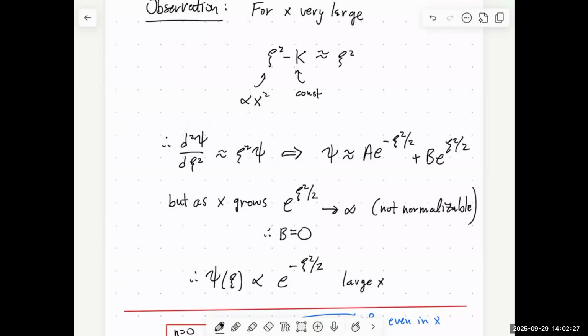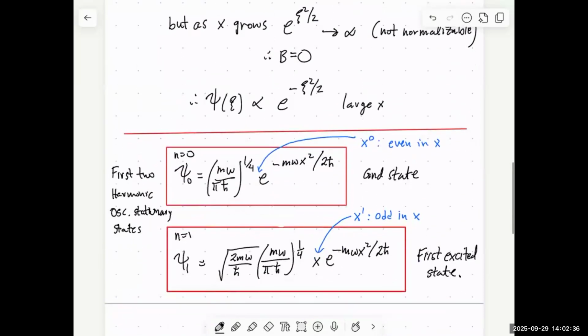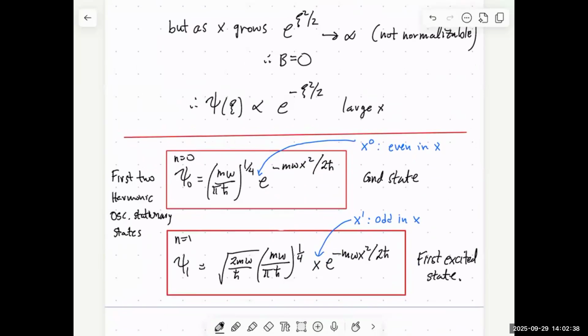And so we expect at large x, our solutions are going to have something like this involved in them. Now, we know that that's true because we've already solved the harmonic oscillator. Here's the first two states, the ground state and the first excited state. And this exponential factor here is exactly this exponential factor in both these states.